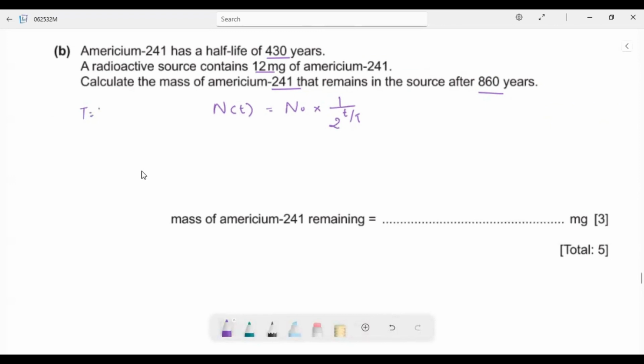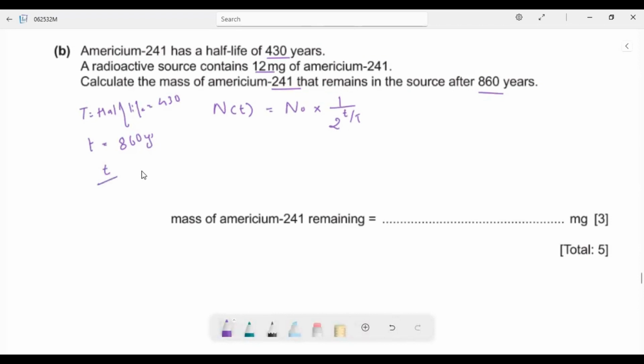This small t will be your current time given.